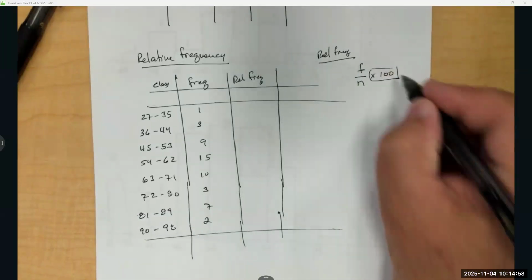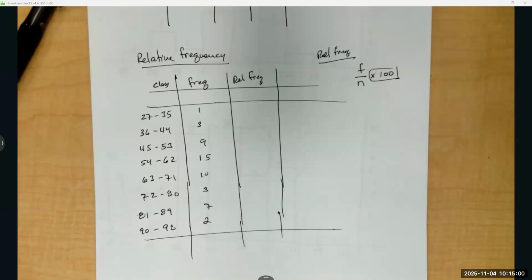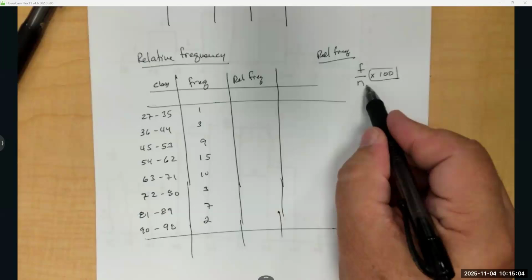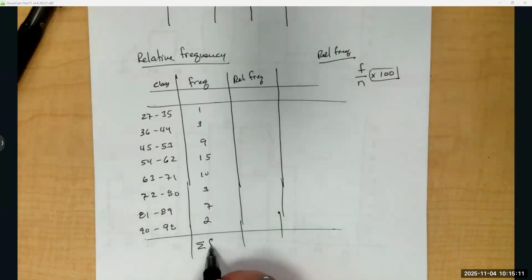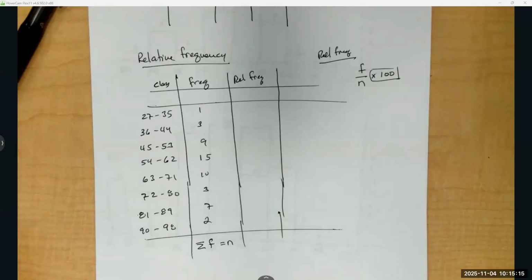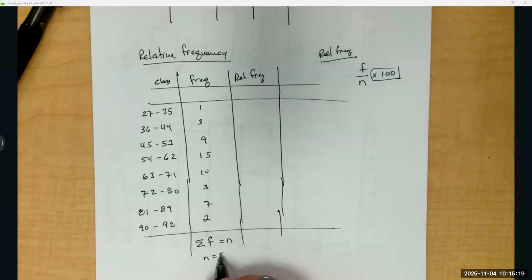We'll talk about what that does in a minute. So if you have this as a relative frequency, what does n represent? How do you find n? Yeah, add up all your frequencies. That equals your value for n. In this case, n equals 50.